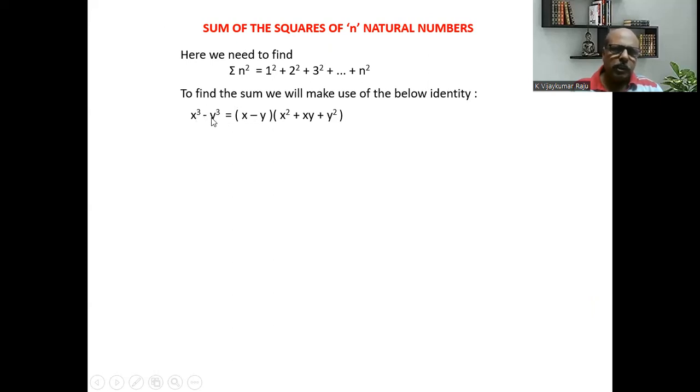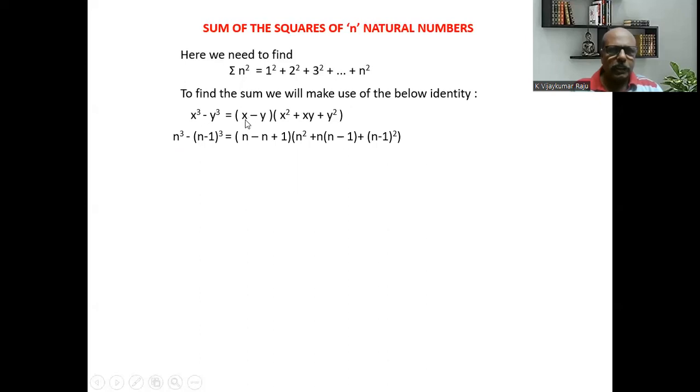x³ minus y³ is equal to (x minus y)(x² + xy + y²). Now let us take n. So n³ minus (n minus 1)³ is equal to, in place of x you write n, and in place of y you write n minus 1.